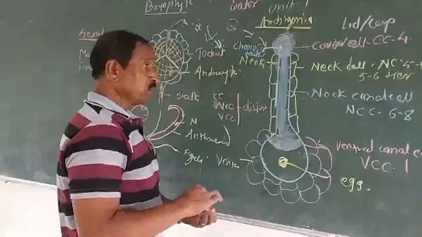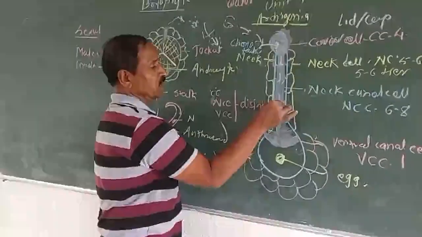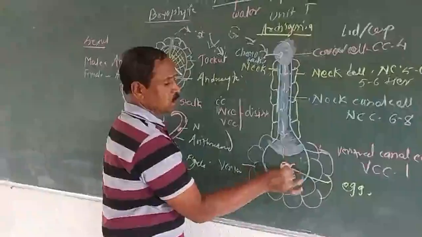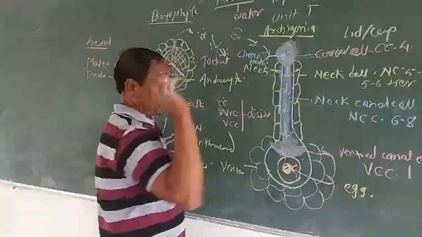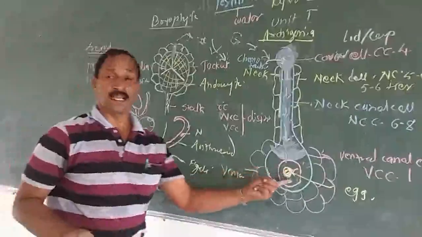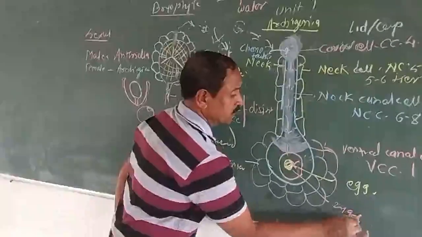With the help of chemotactic movements, these anthrozoids enter the neck. Many anthrozoids enter, but only one unites with the egg, and there is formation of the zygote.